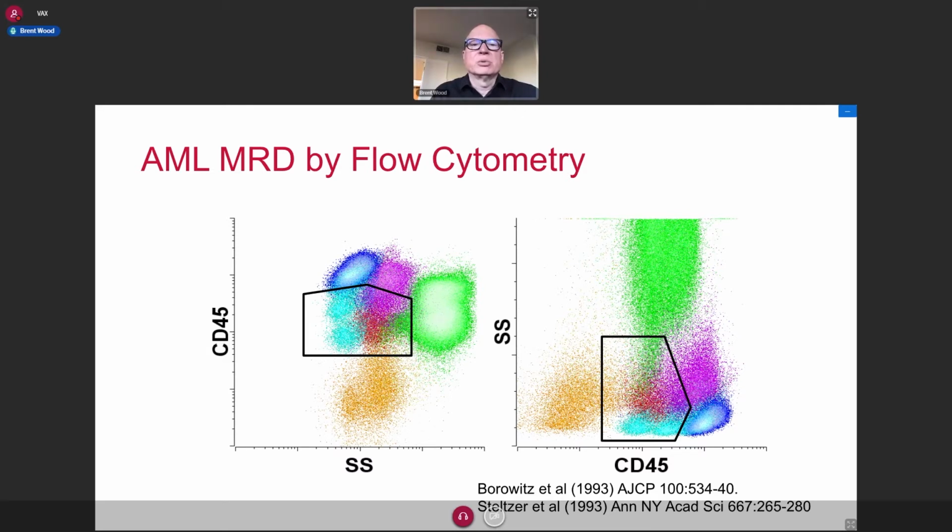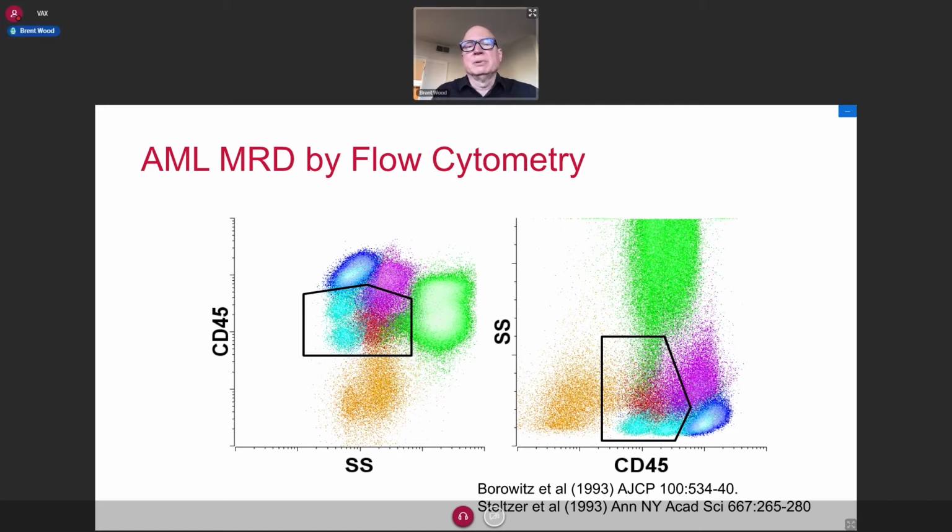This is in part because the way we've defined AML is very heterogeneous and encompasses a wide variety of different entities, including leukemias that have a stem cell-like characteristic to them, as well as leukemias that have a more lineage-committed immunophenotype along many different lineages, including neutrophilic, monocytic, erythroid, plasmacytoid dendritic cell, etc. And so as a result, the panels are going to be inherently more complex, and the maturational patterns that one needs to understand are also likewise more complex.